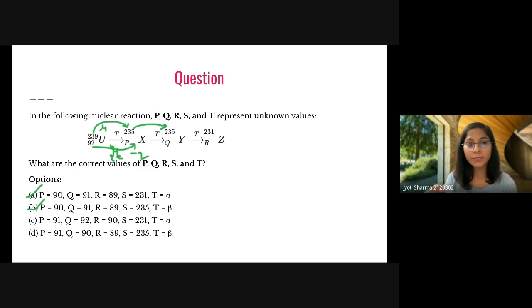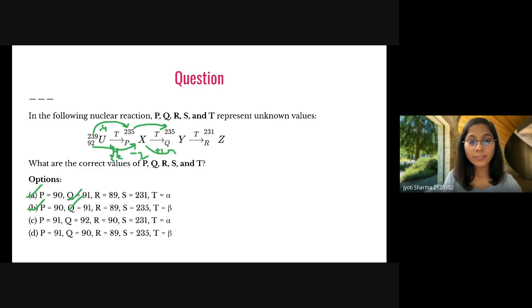With beta, the atomic number should be increased by 1. So it was 90, then it would be 91. These two also have 91 and 91.